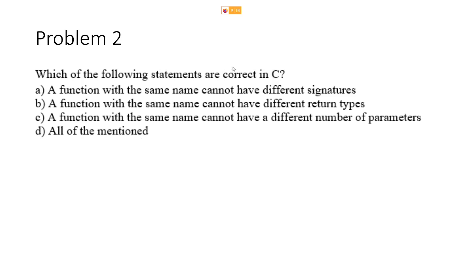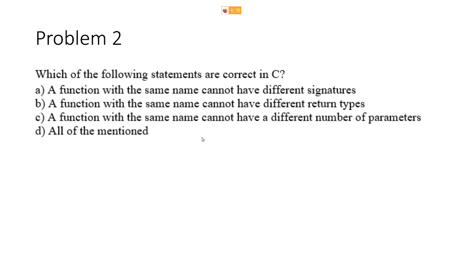So it's asking you to choose which of the following are correct in C. Yeah, option B is correct. A function with the same name cannot have different return types.